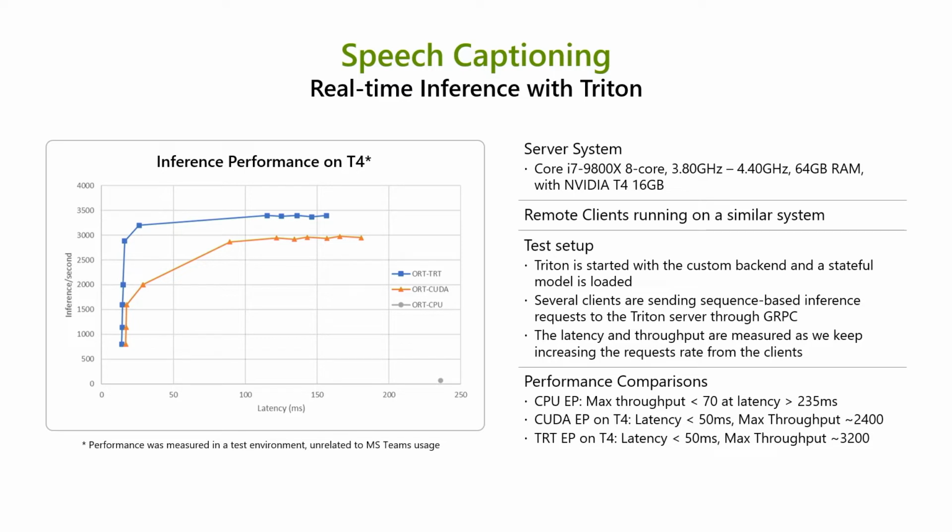And if you use the TensorRT execution provider on the same system for the same latency budget, you can achieve a maximum throughput of 3200. And I should mention that this is just a sample performance and not related to how Microsoft Teams uses the stateful backend.